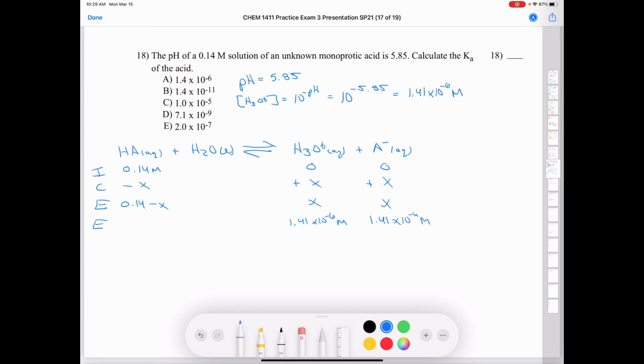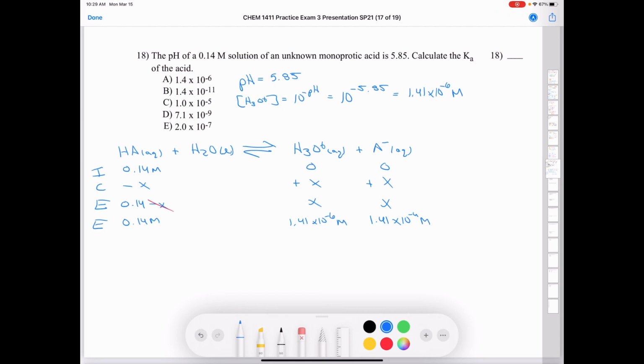Now, since 1.41 times 10 to the negative 6 molar is less than 5% of 0.14, I'm going to ignore the minus X, so I'm going to ignore this, and I'm going to say that at equilibrium I still have 0.14 molar of my HA.